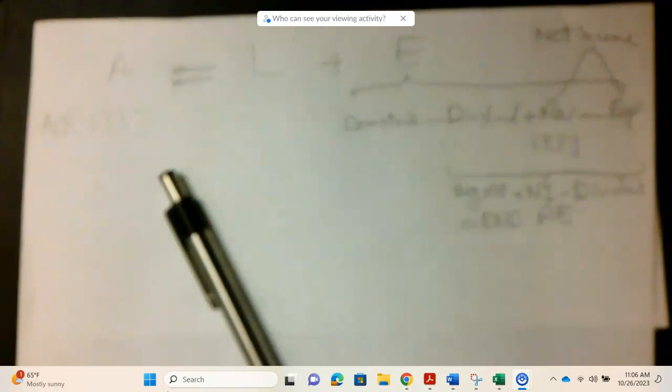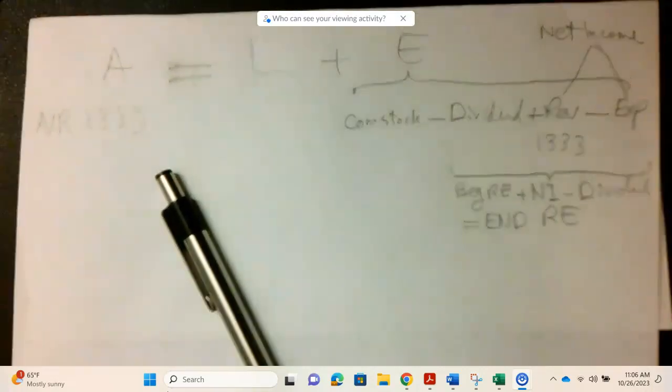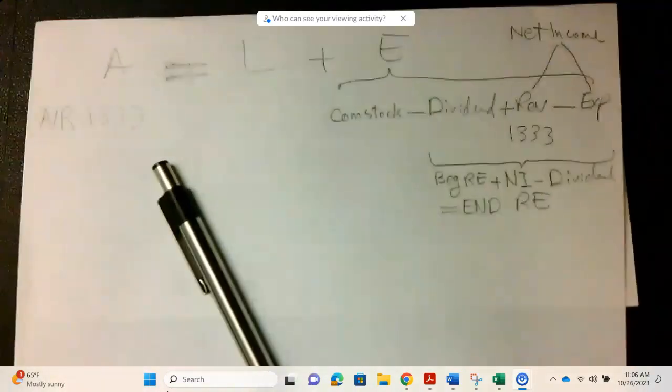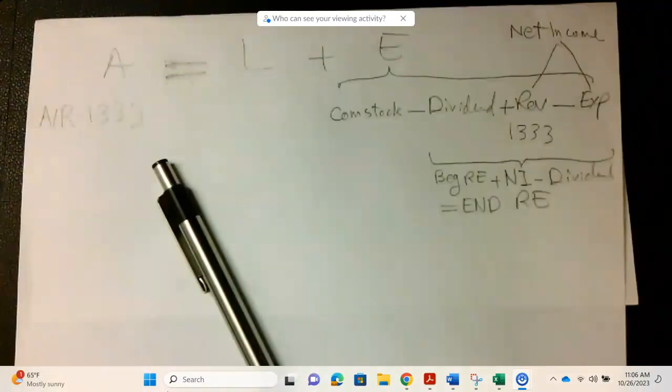Common stock is the stock that you issue to raise capital for your corporation. And retained earning is the remaining profit that you have for your corporation at the end of the year that you don't know what to do yet, but you can decide what you want to do with that remaining profit. We call it retained earning.